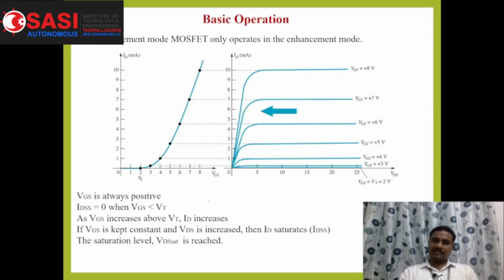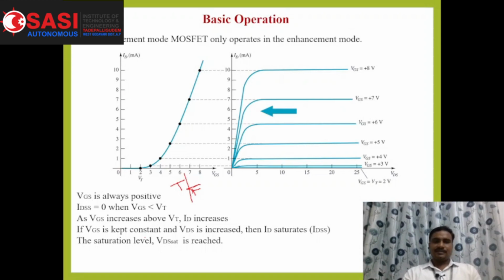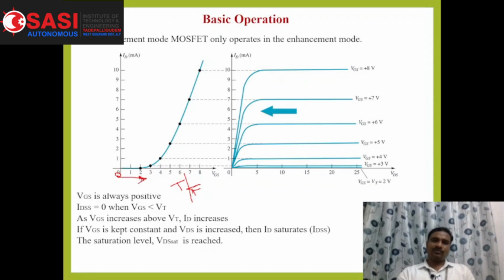Here also we can see the transfer characteristics of the E MOSFET. In the enhancement mode of operation, the MOSFET operates completely in the positive region. From 0 to some threshold voltage, there is no ID current flow.